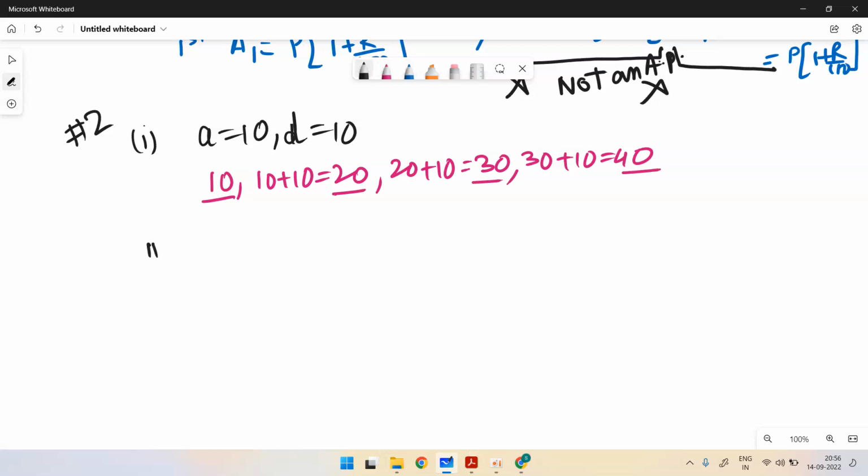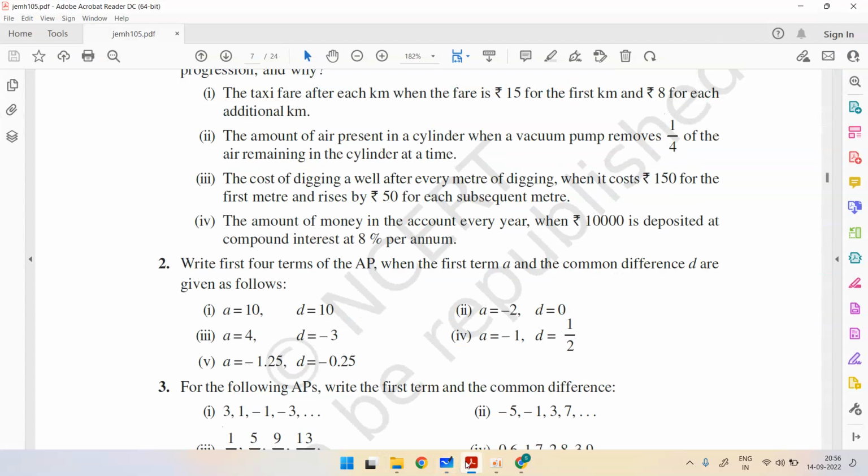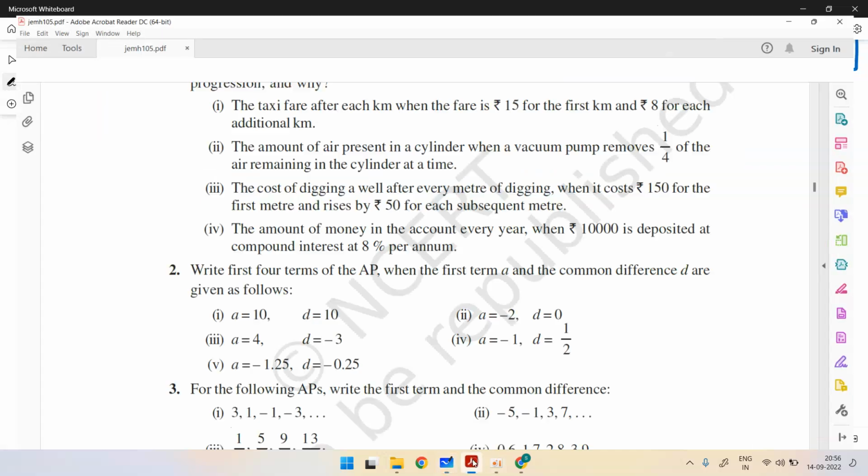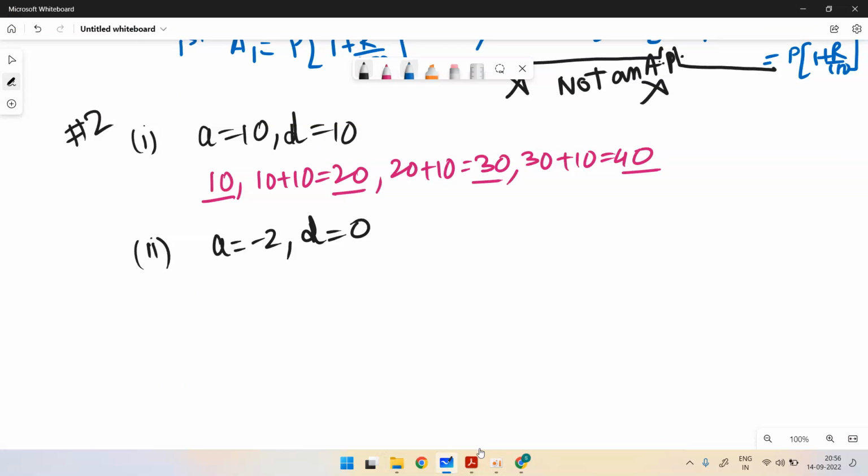The second part is A is minus 2 and D is 0. If you write the series, the first term is minus 2. Next is minus 2 plus 0, which is again minus 2, and again minus 2 plus 0 is again minus 2.